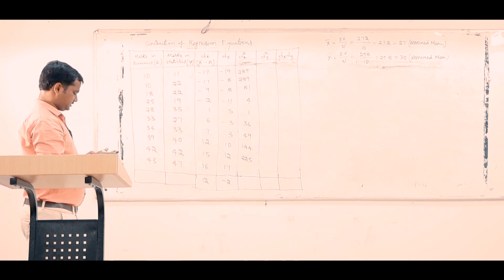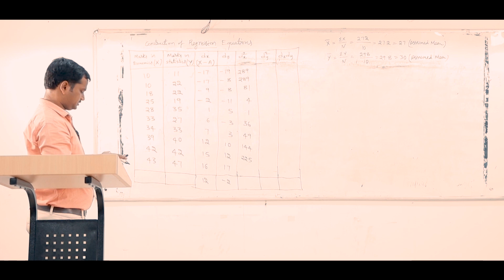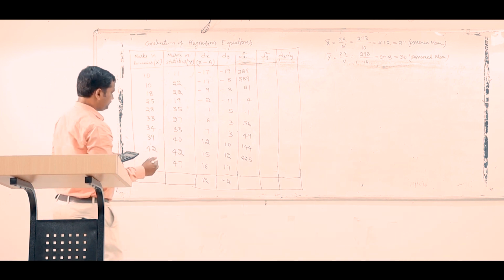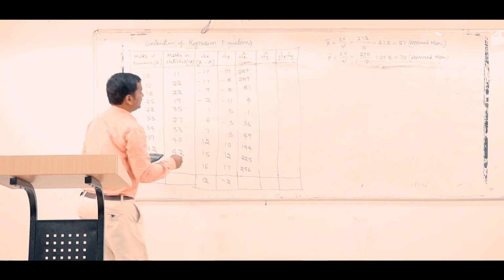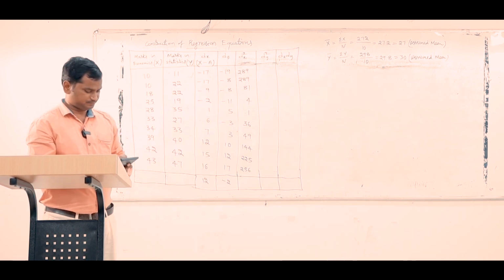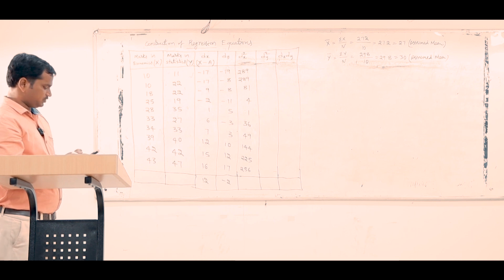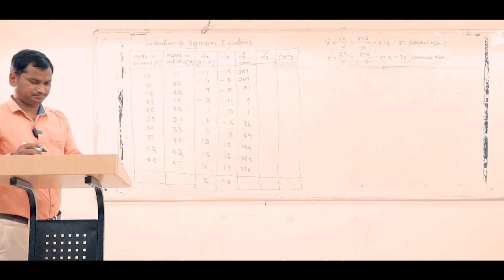Next 16 into 16 is 256. So like that, we should find out the squares. For those squares also we should do the total.